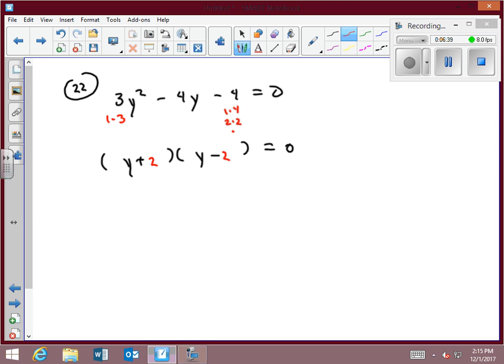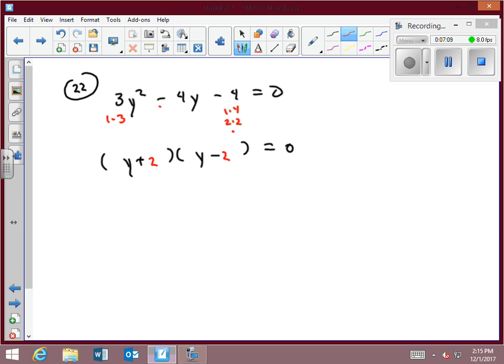But now it makes a difference. The 3 goes with which 2? Well, because this is negative, the larger product must be negative. So the 3 and the 1, which one of those two makes the larger product? The 3 makes the larger product.